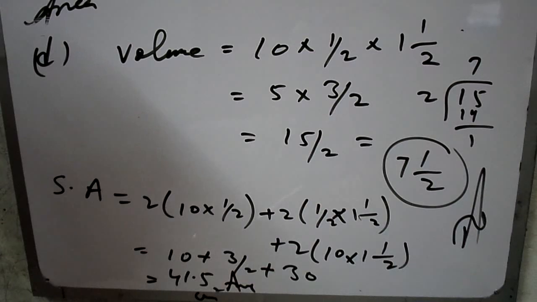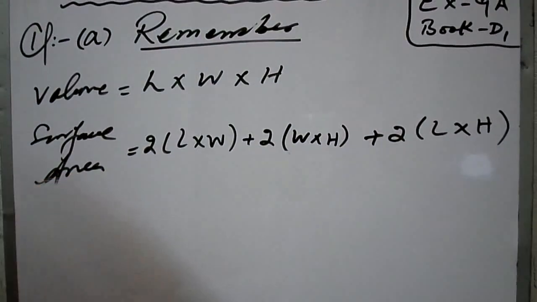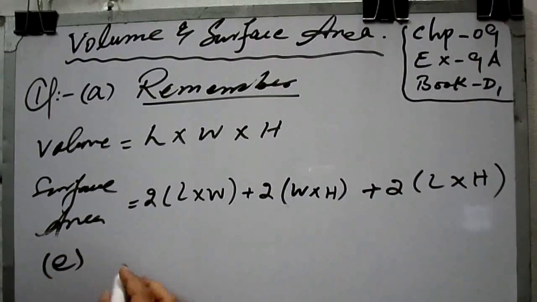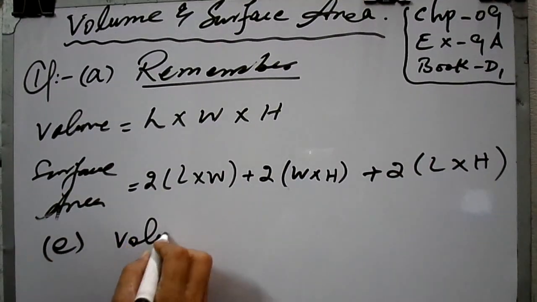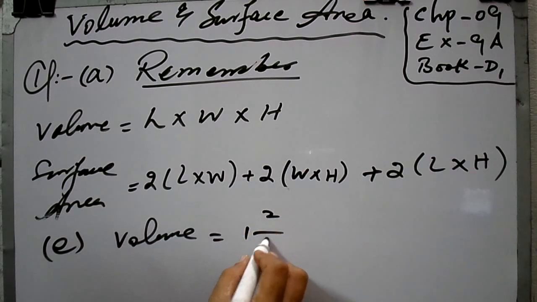Similarly in E part, volume of solid is equal to 1 whole 2 by 5.